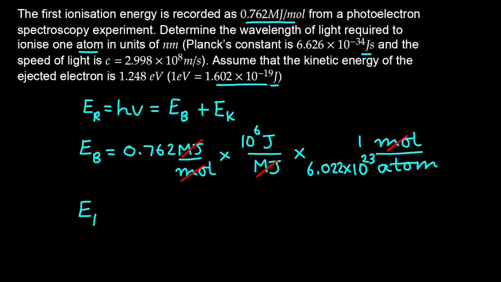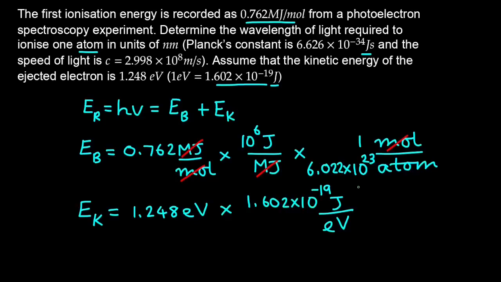And the kinetic energy of the ejected electron can be converted from electron volts to joules. And then you can substitute into this expression and divide through by Planck's constant, which gives you the frequency of light, which will be in units of 1/s.